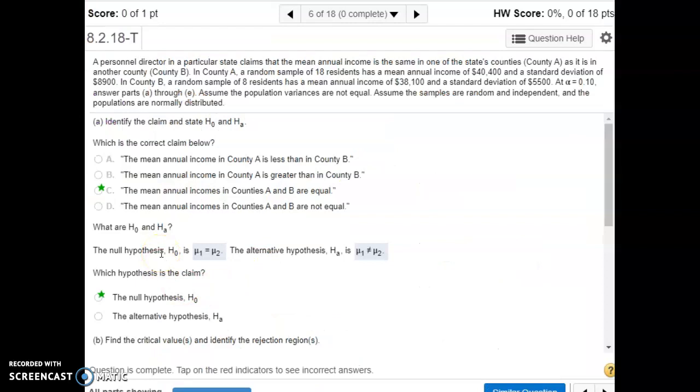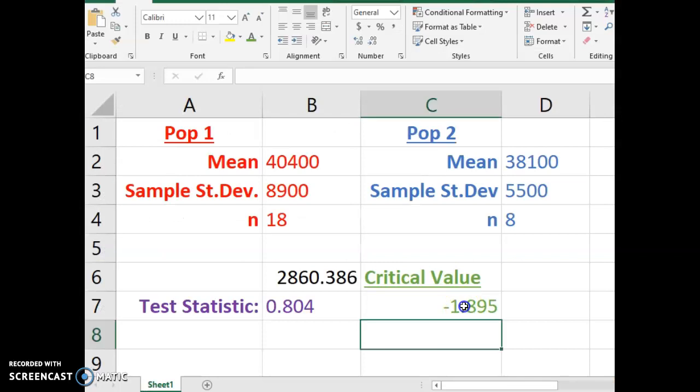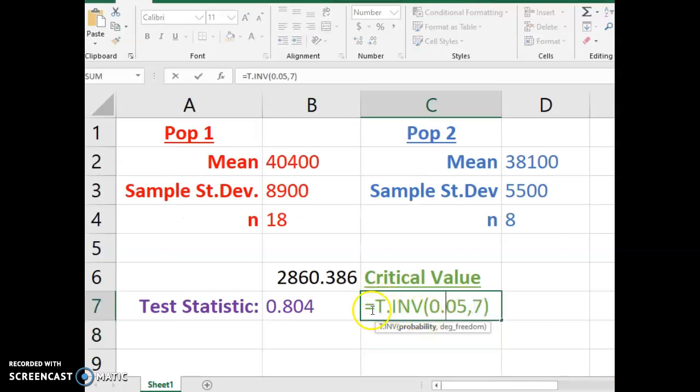So first, to find the critical values, it's going to be based off of what we have here for alpha, a two-tailed test because we have not equal in our alternative hypothesis. We have to use the t-distribution because we do not know the population standard deviations. So we enter half of our alpha because it's a two-tailed test. We want to divide alpha by 2 to split it between the two tails.